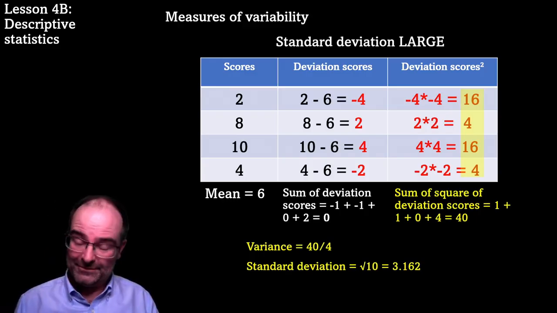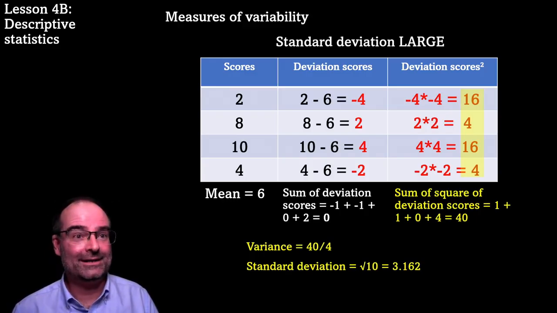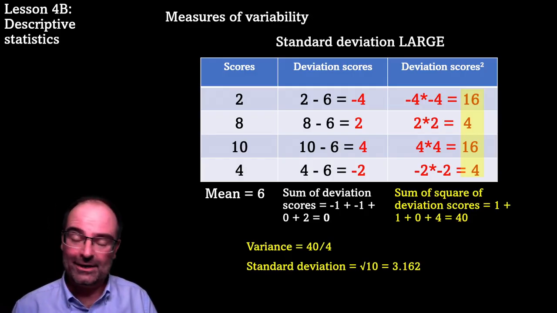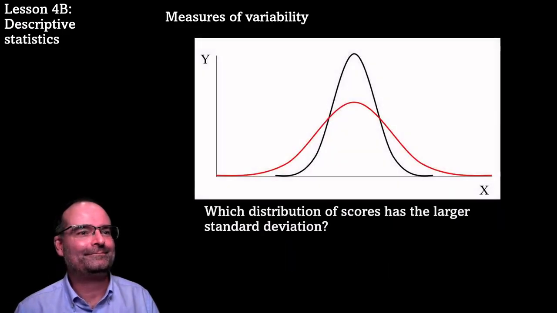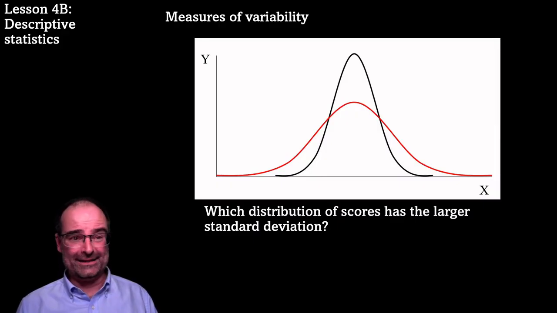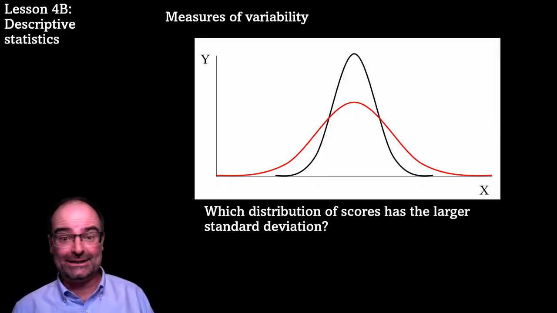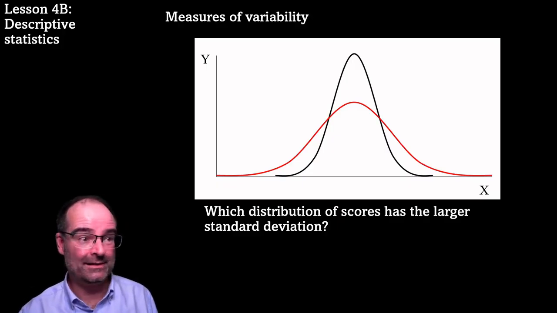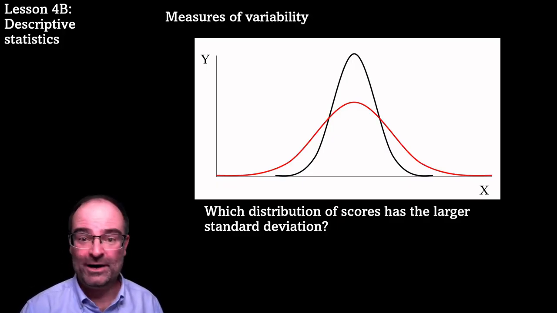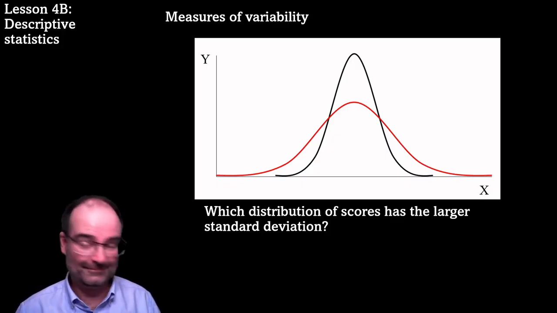No, but you have to understand it backwards and forwards and upside down, like all these other concepts. So doing it by hand will help you understand what's going on, so that questions like this, which seem so abstract and wacky, are easy. Which distribution of scores has the largest standard deviation? The red one. They're more spread out. Simple as that.